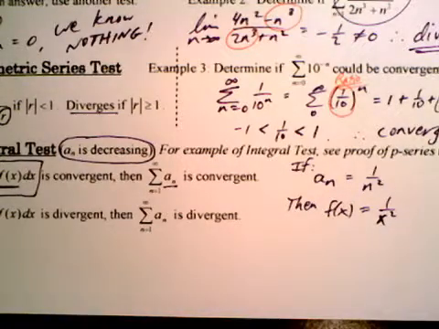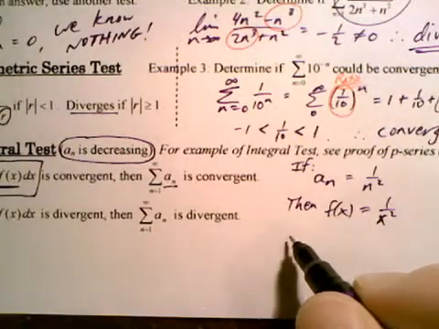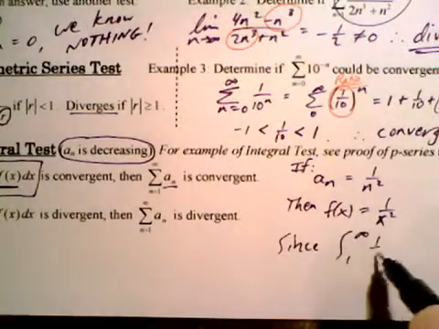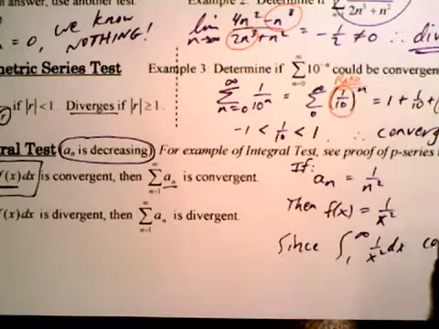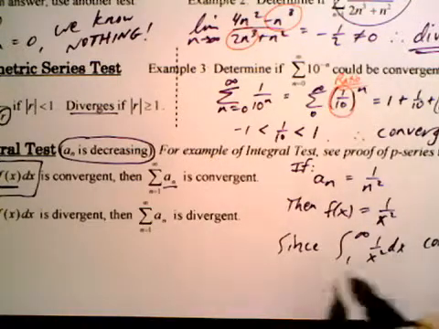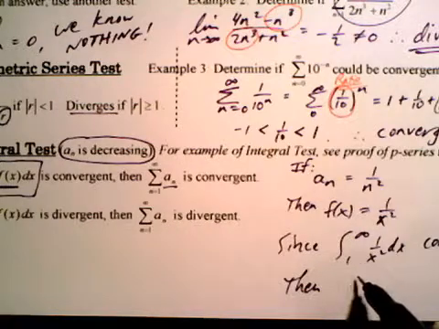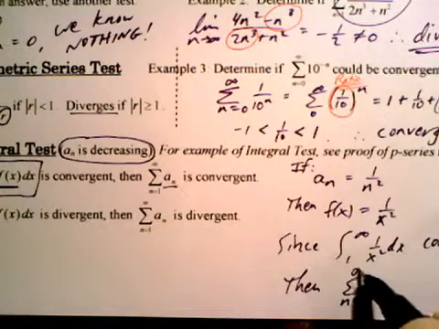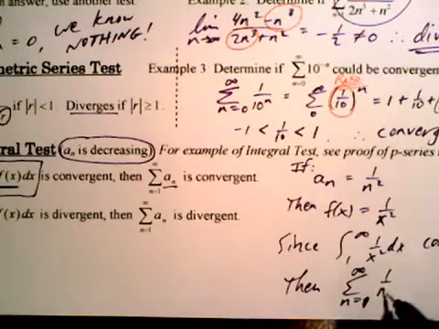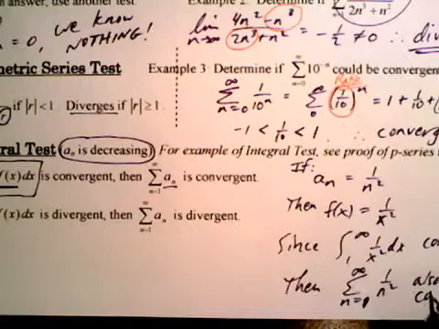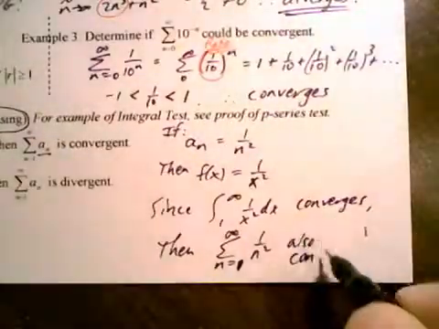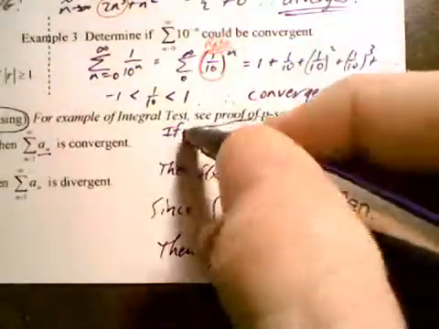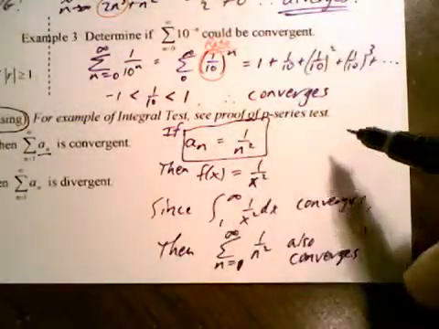And so you would say that since the integral from 1 to infinity of 1 over x squared dx converges, then the series from, let's say, n equals 1 to infinity of 1 over n squared also converges.